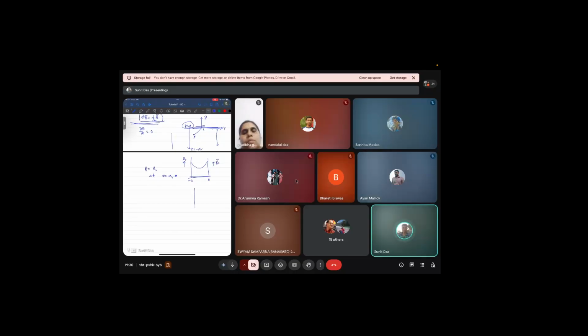Now for semi-infinite in 1D, we will have, let's say, I can take at minus a itself, and then it goes up to infinity in 1D, along the x direction. So the boundary condition will be that as x goes to infinity, B will definitely be 0, and then at x equal to minus a, B is exactly B0, right?